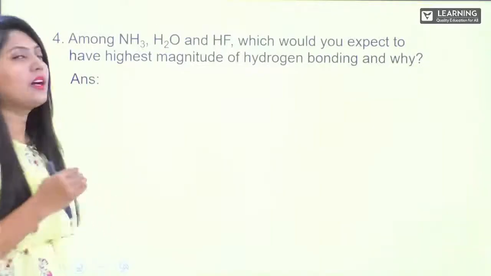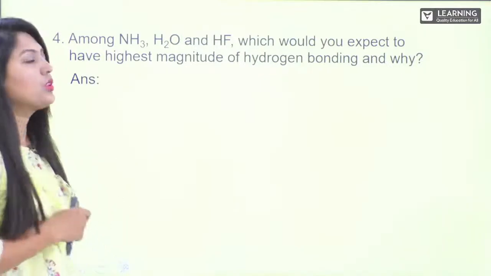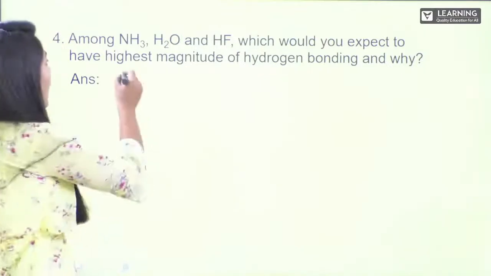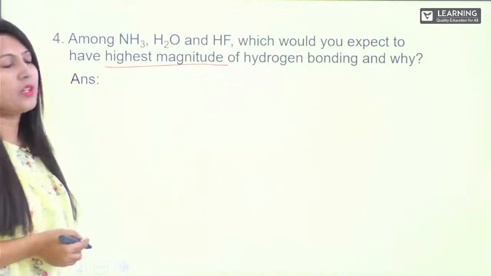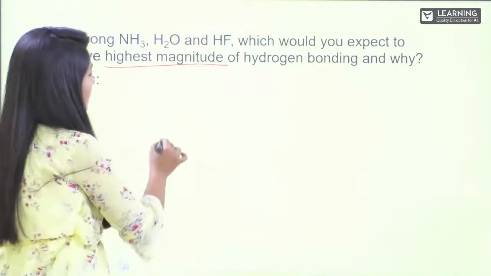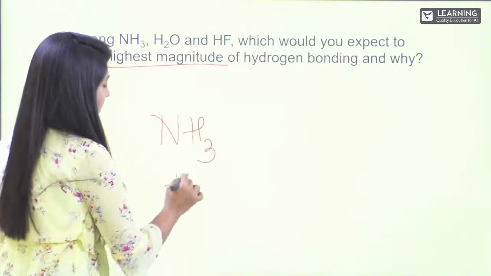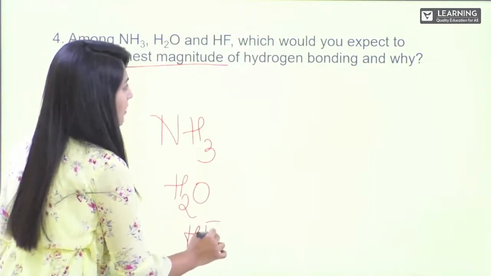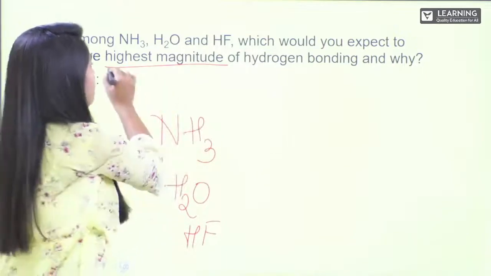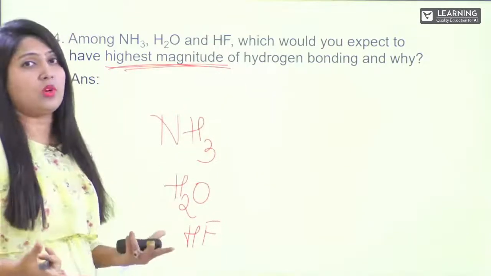Next, among NH3, H2O and HF, which would you expect to have the highest magnitude of hydrogen bonding and why? That means they are asking which of NH3, H2O and HF has the highest magnitude. They are not asking which has more hydrogen bonds.